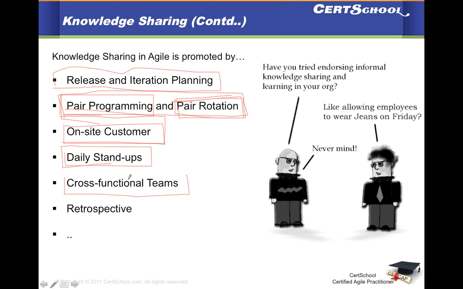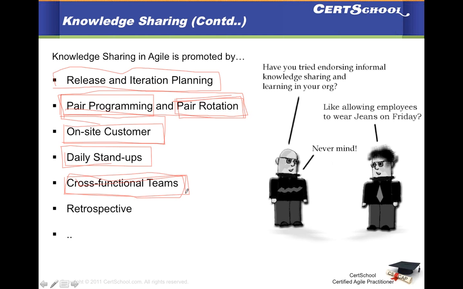Then we have the cross-functional teams. This is pretty common these days. You have teams which have varying skills. You have UI designers, UX designers, QA engineers, automation engineers, architects, designers, backend programmers, database experts.